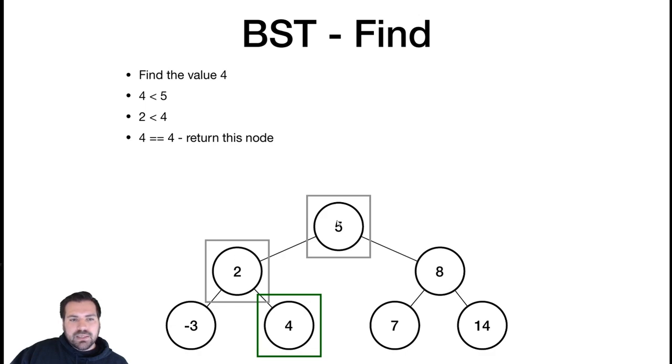We eliminated all of this search space and narrowed it down to just this. One more comparison, we eliminated half the search space again, then actually found what we're looking for.